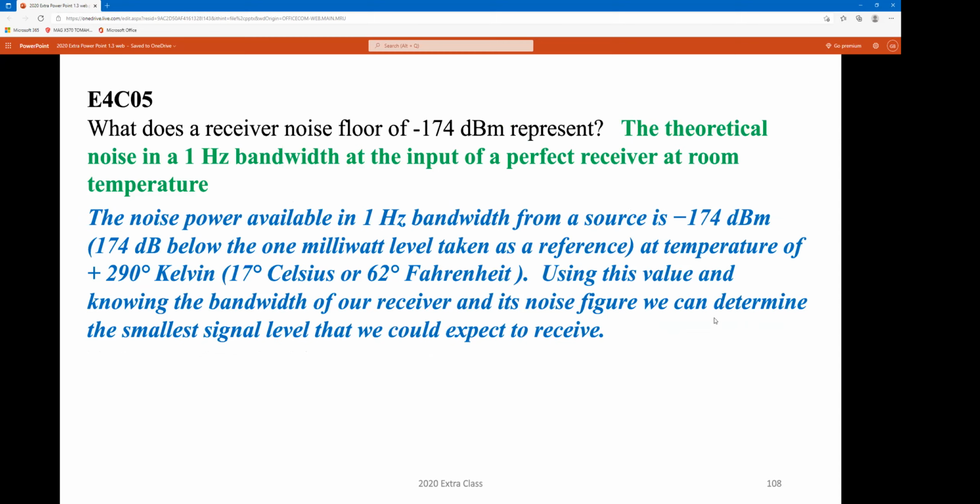What does a receiver noise floor of -174 dBm represent? That is the theoretical noise in a 1 Hertz bandwidth at the input of a perfect receiver at room temperature of 62 degrees Fahrenheit.